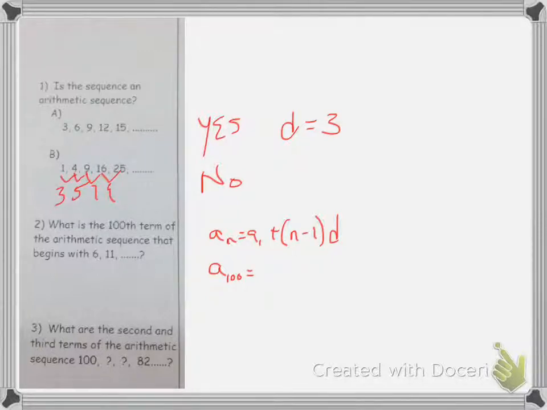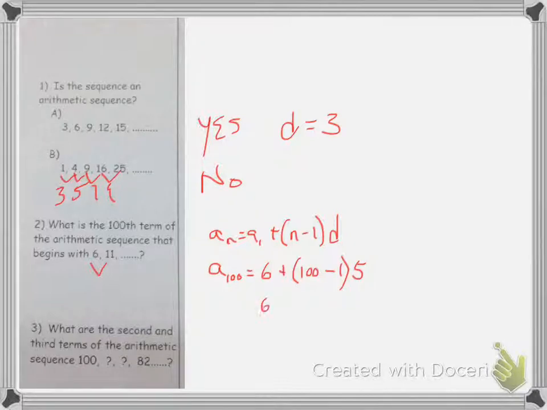So my A1 is the first term, that's 6. My N is the 100, because I'm trying to find the 100th term. I plug in 100 for N. And my common difference, well, the difference between 6 and 11 is going to be 5.